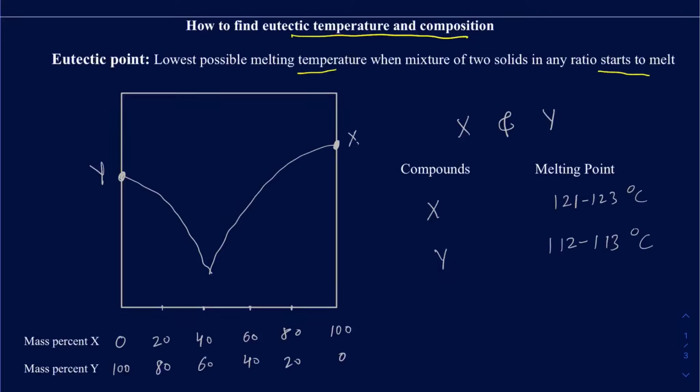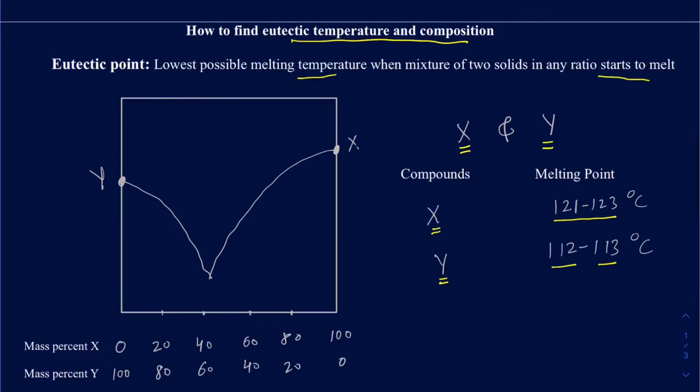It's going to be confusing, so let me break it down using an example. Suppose I have X and Y as my two compounds. The melting point for X is 121 to 123 degrees Celsius, and the melting point for Y is 112 to 113 degrees Celsius. My job is to figure out the eutectic temperature and the eutectic composition. Now, finding a eutectic temperature is not that hard.